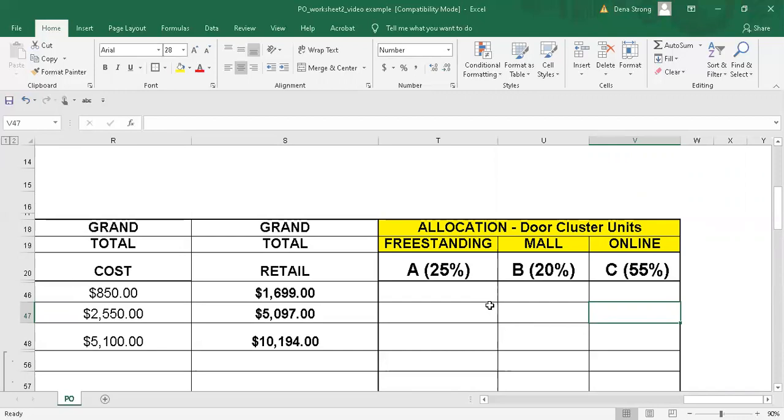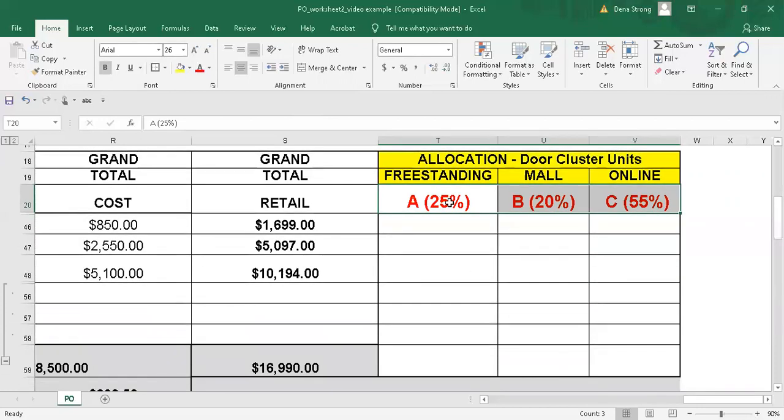Okay, so we have three what we call door clusters, and I'm going to highlight them here in red. So our A door cluster is a freestanding store, which means that's a store that stands alone. Think of stores like the Gap. The Gap has some freestanding stores in addition to stores in the mall.